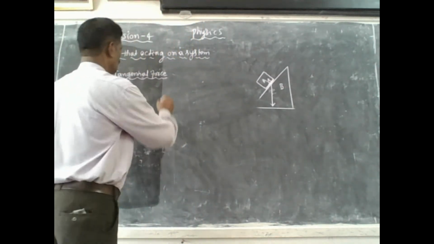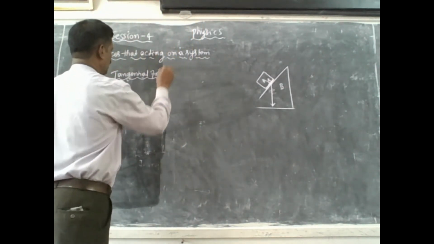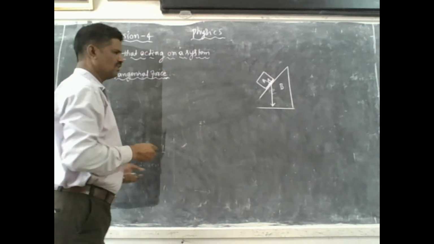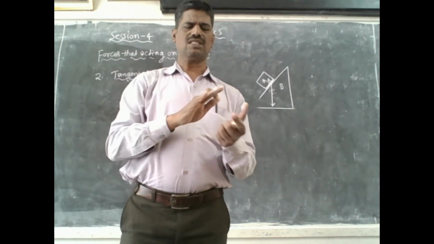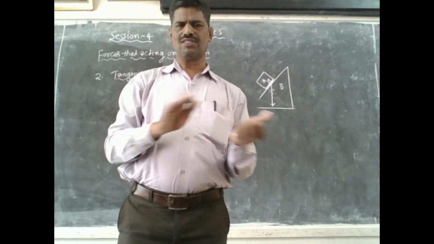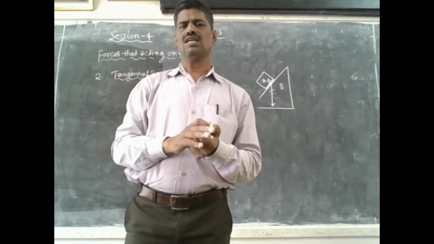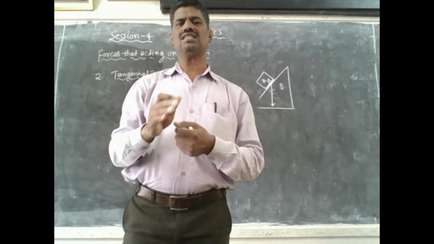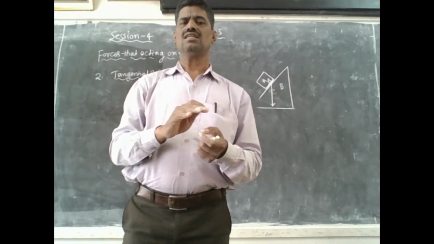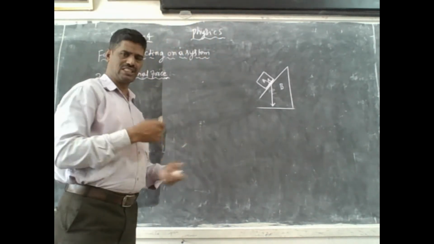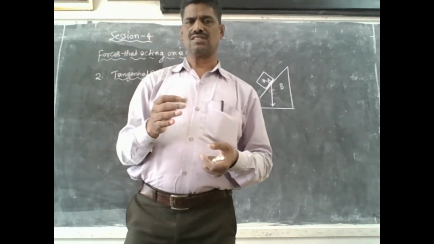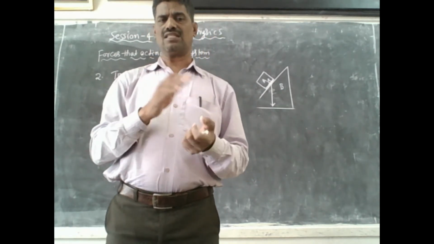If the surfaces are rough, there is a tangential force. If the surfaces of the two bodies are smooth, there is no frictional force. Tangential force is nothing but the frictional force which develops between the two bodies, isn't it?